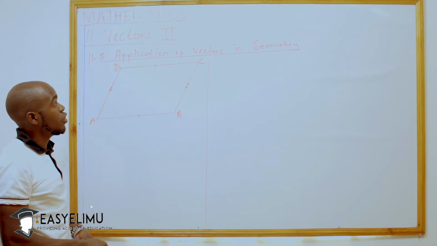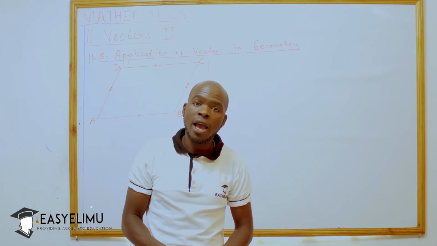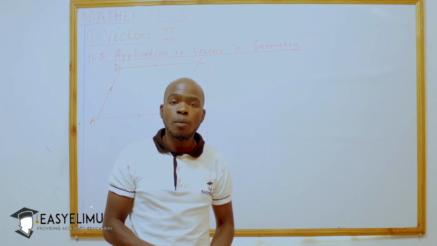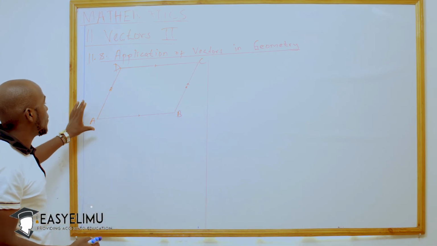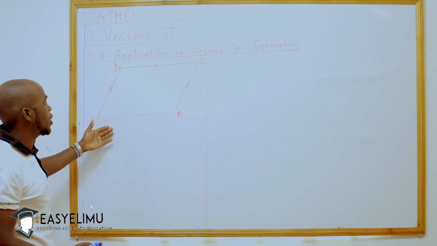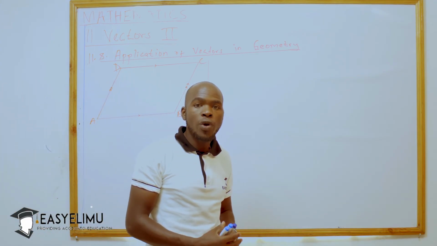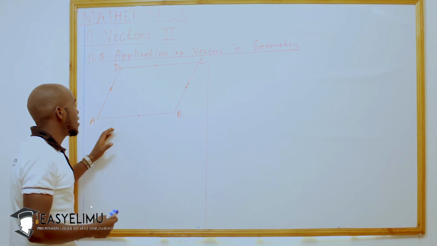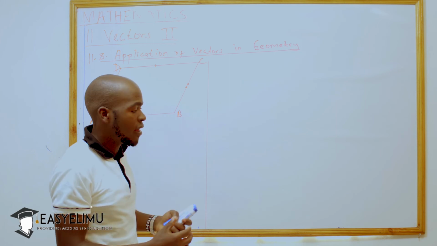Consider application of vectors in geometry, and in our first session we are going to consider how it is applied in a parallelogram. For instance, here we have a parallelogram which has the vertices A, B, C, and D. We are required to show that the diagonals of this parallelogram intersect each other.